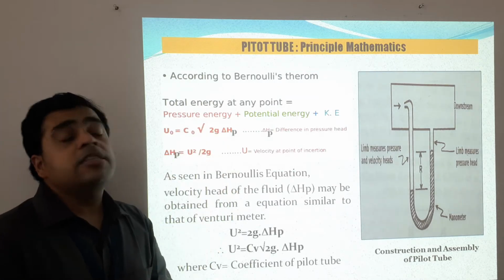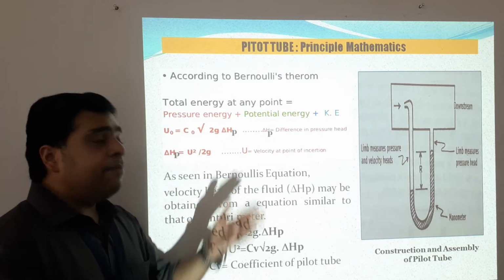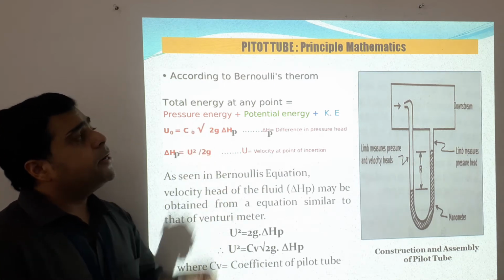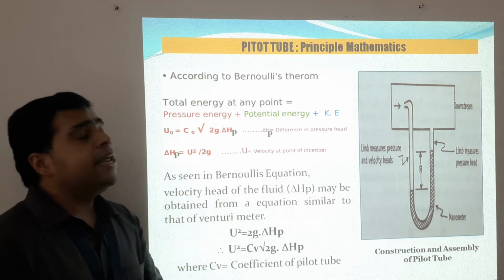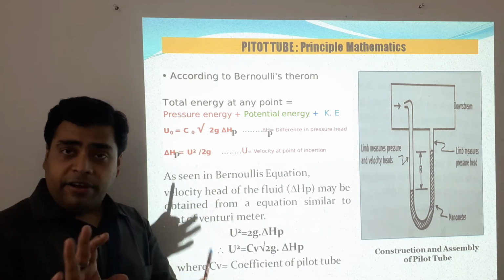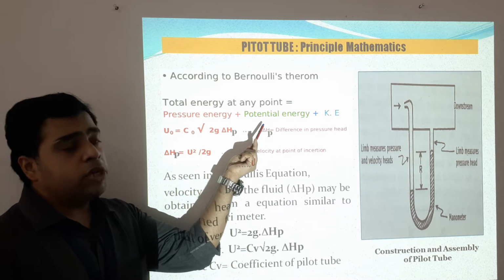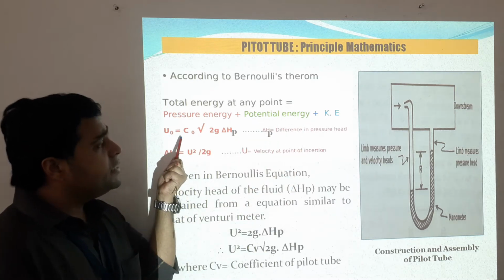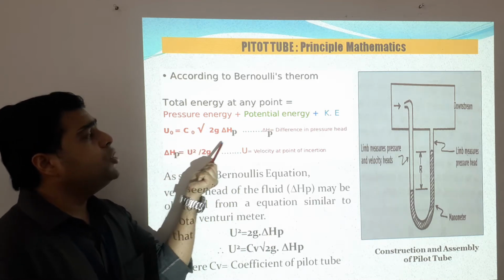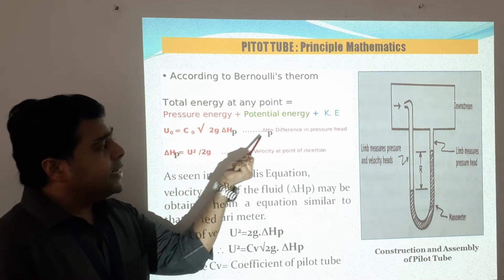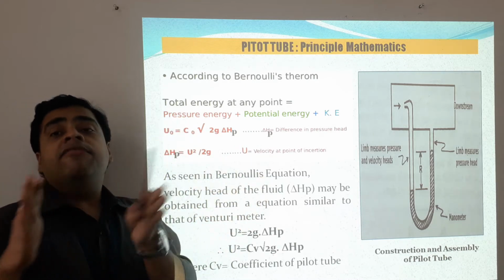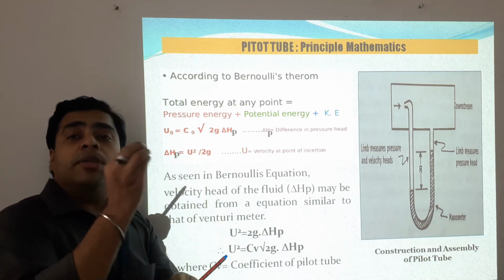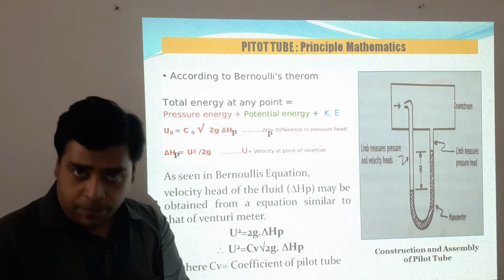So let us come to its mathematical principle. Again Bernoulli's theorem will be applied here. According to Bernoulli's equation, the total energy at any point is given by pressure energy plus potential energy plus kinetic energy, that is U0 is equal to C0 root over 2g into delta HP, where delta HP is the difference in the pressure heads between the upstream pressure and the downstream pressure head.